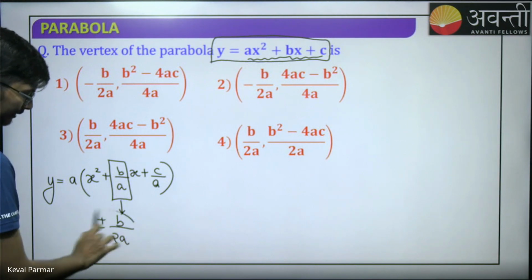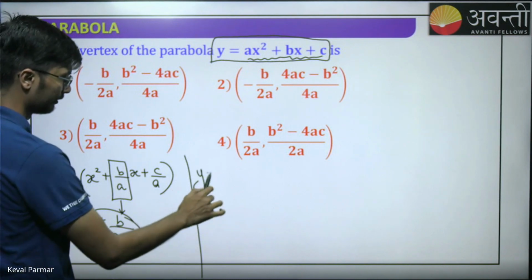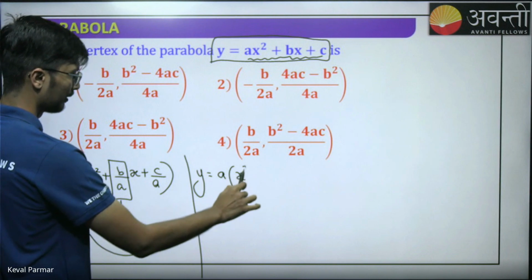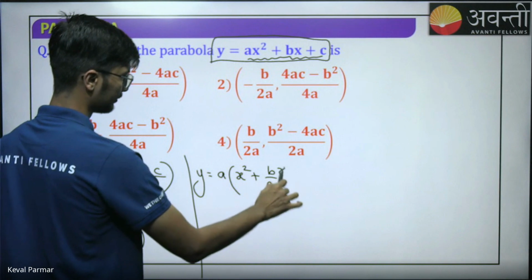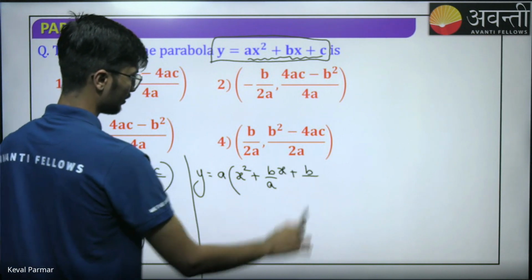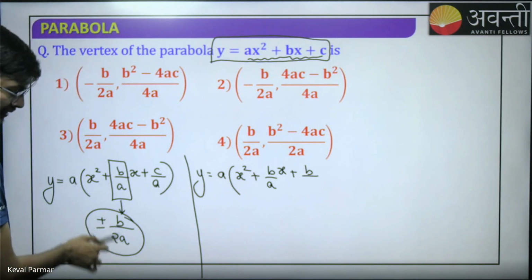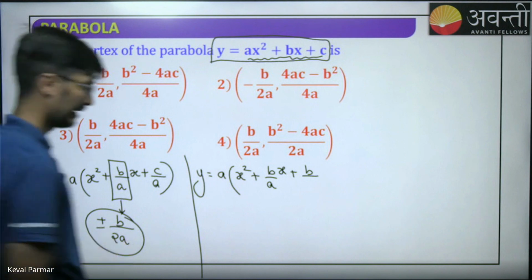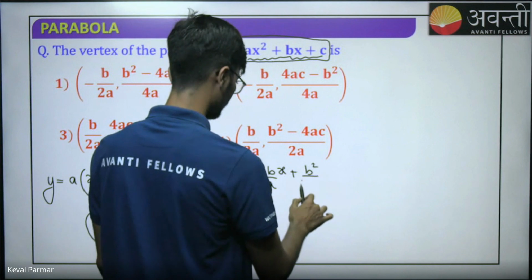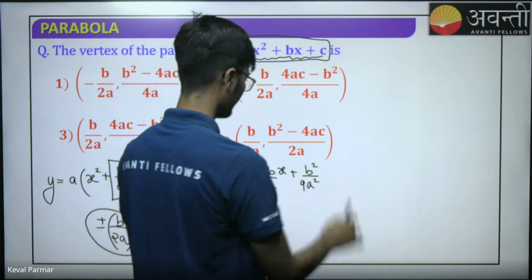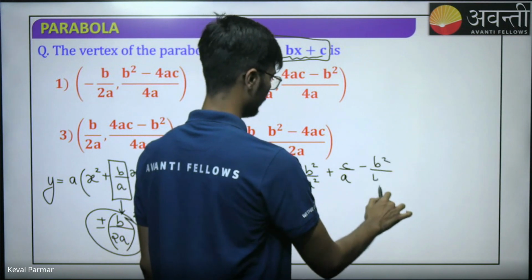We add and subtract b upon 2a whole square. So we'll get y is equal to a times x square plus b by a x plus b square upon 4a square, plus c by a minus b square upon 4a square.